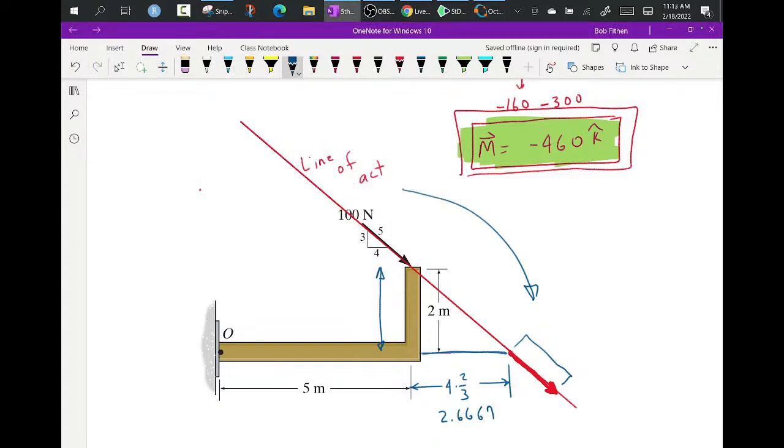Now, what I'm going to do is try something really interesting. If I took the point of application of this load and moved it from this point to that point, what would the moment be?